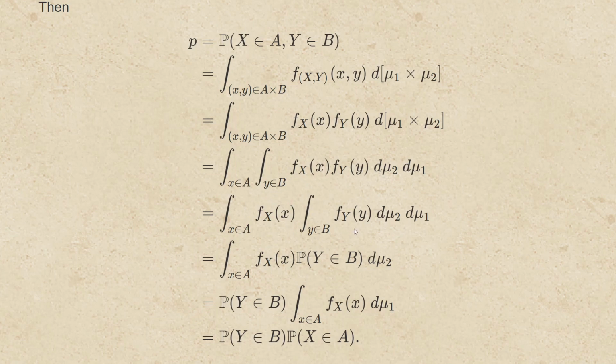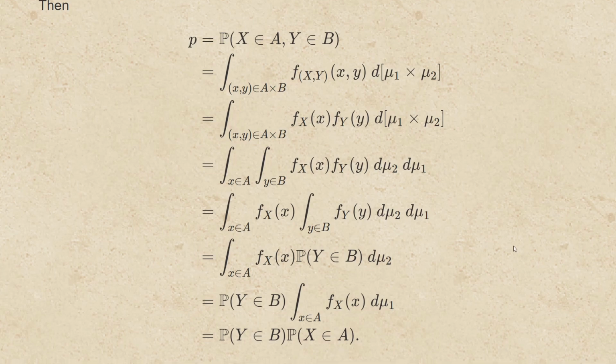But now the inner integral is just the density of y evaluated with respect to mu2 over y in B. And that's just another way of saying the probability that the random variable Y is in B. Now that doesn't depend on x, so we can factor that out of the integral involving x, and we're left with the integral for x in A of the density of x, which is just the probability that the random variable X is in A.